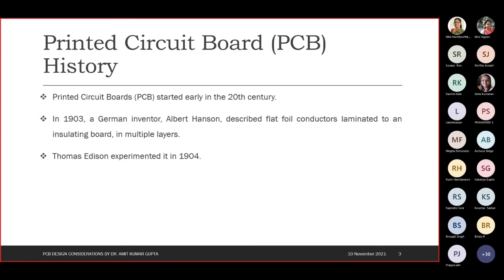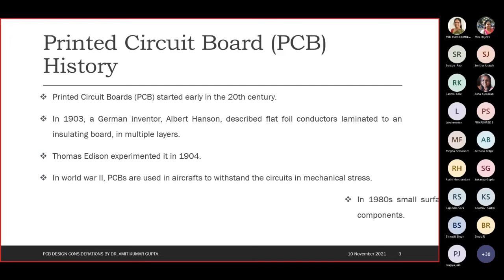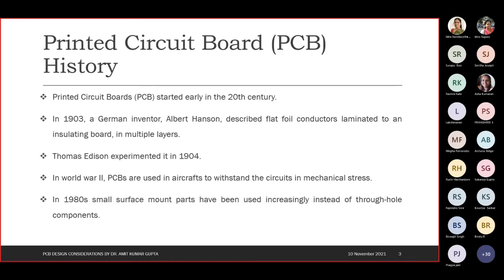And Thomas Edison, we know him, all of us have heard about him, he experimented with it in 1904. Then in World War II, PCBs were used in aircraft to withstand mechanical stress on the circuits. Then in the 1980s, small surface mount parts were used increasingly instead of through-hole components.